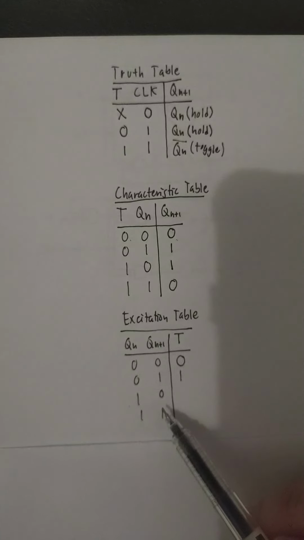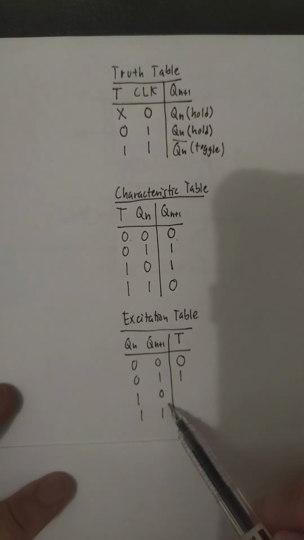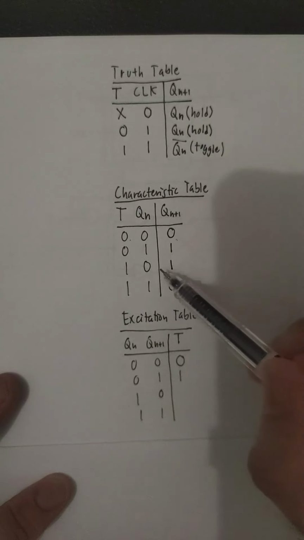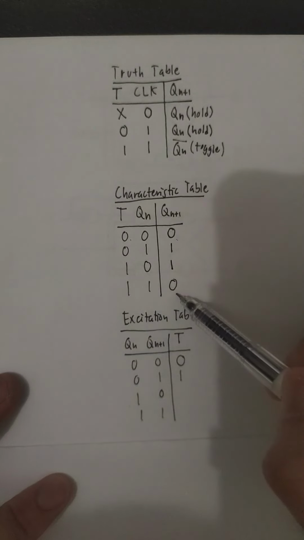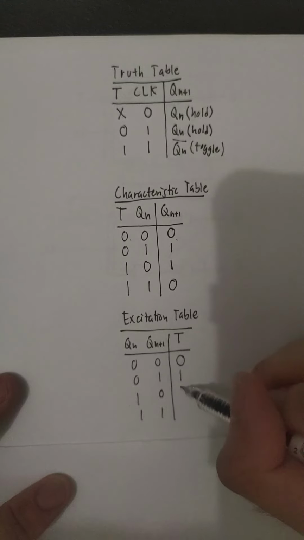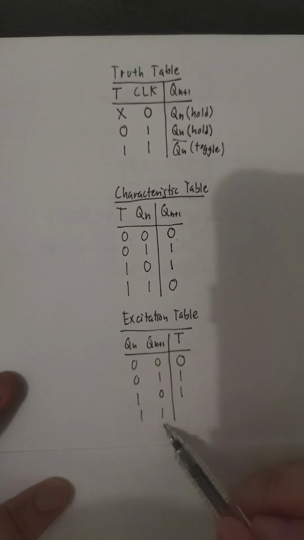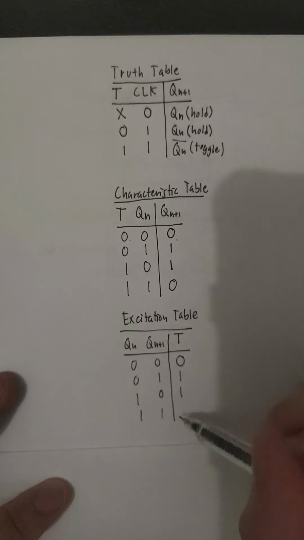So our toggle input should also be a 1. So rechecking on the characteristic table, okay, there. So our toggle input is 1. And lastly, our previous state is 1 and our next state is also 1. There is no change. So it is obvious that our toggle input is 0.